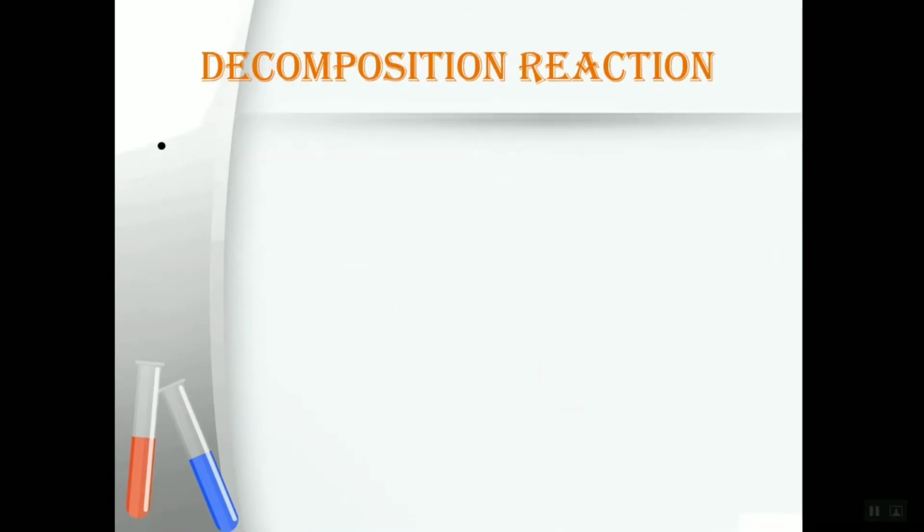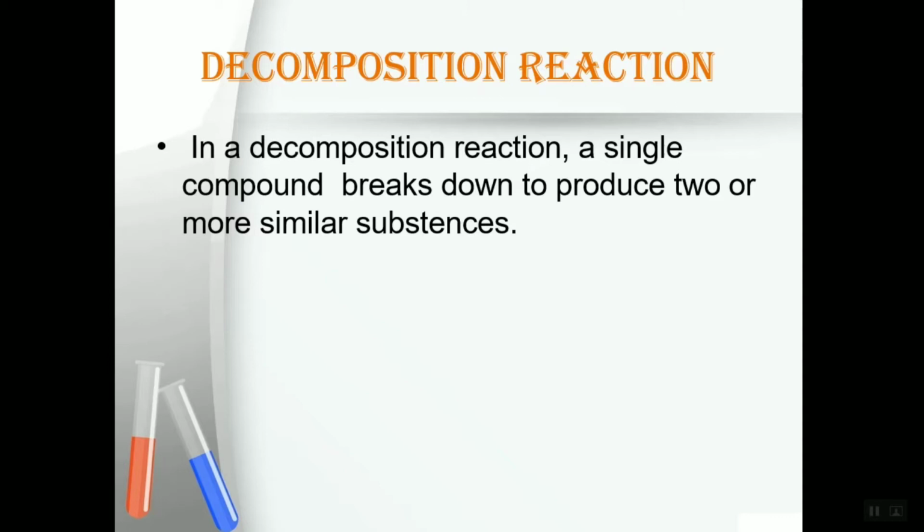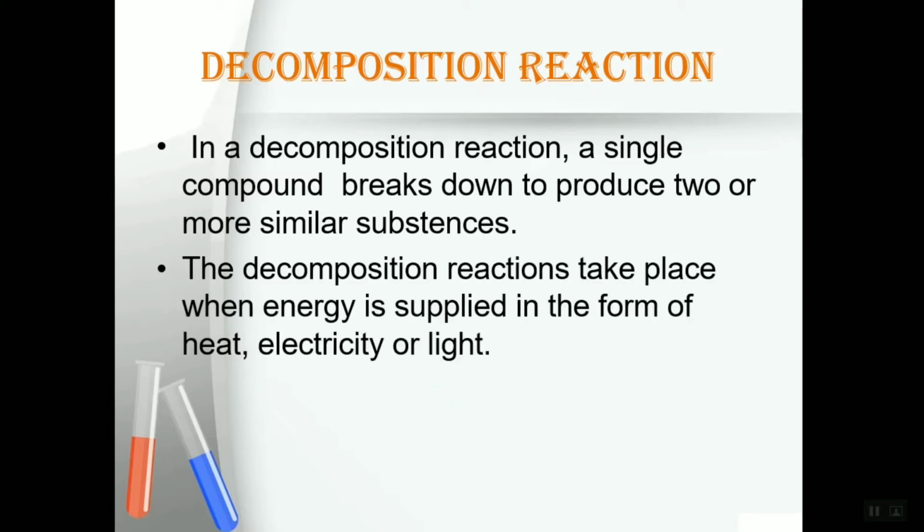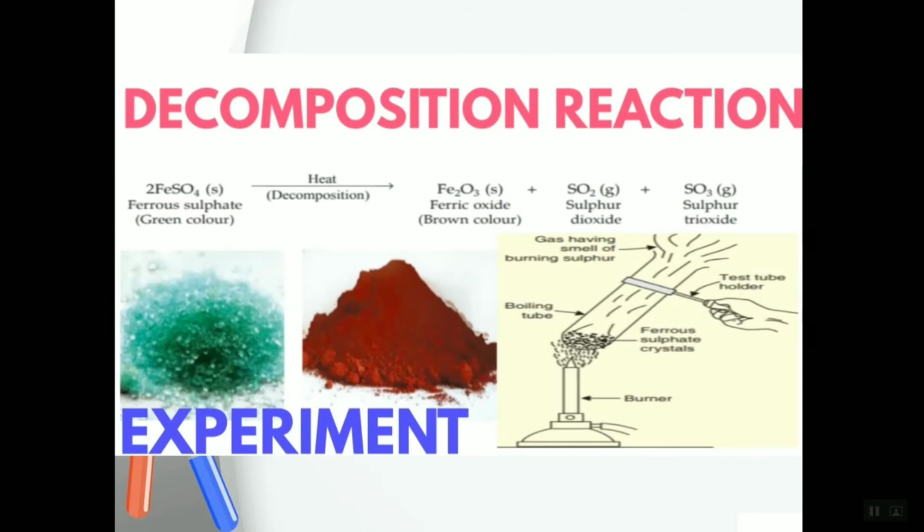Now decomposition reaction. In the decomposition reaction, a single compound breaks down to produce two or more simpler substances. The decomposition reaction takes place when energy is supplied in the form of heat, electricity or light. In this reaction you can see the decomposition takes place. Here in the test tube, if we take the green colored ferrous sulfate crystal, after heating what happens?